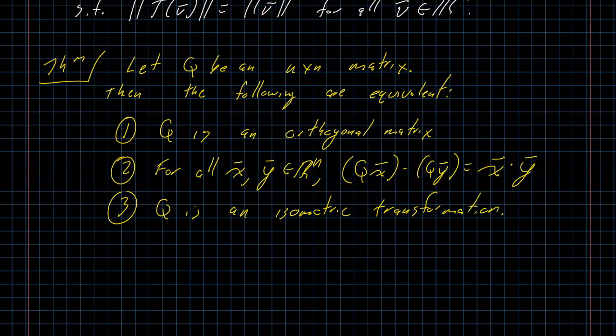It turns out that orthogonal to isometric or isometric to orthogonal is very difficult to prove. And so our proof strategy is going to rely on two steps. We can show that orthogonal implies this weird thing about dot products, which implies isometric. And we can show that isometric implies this weird thing about dot products, which takes us back to orthogonal.